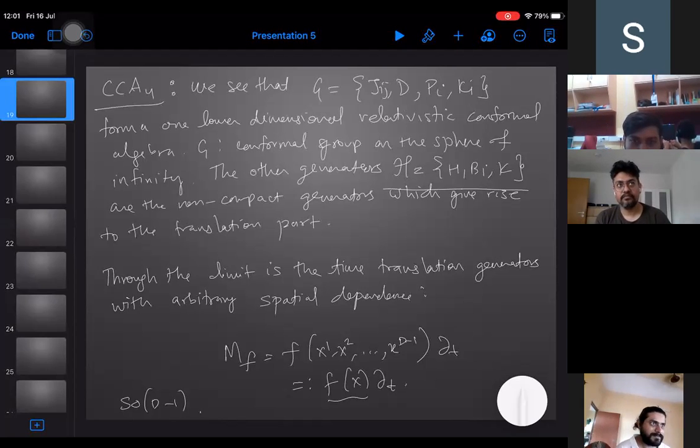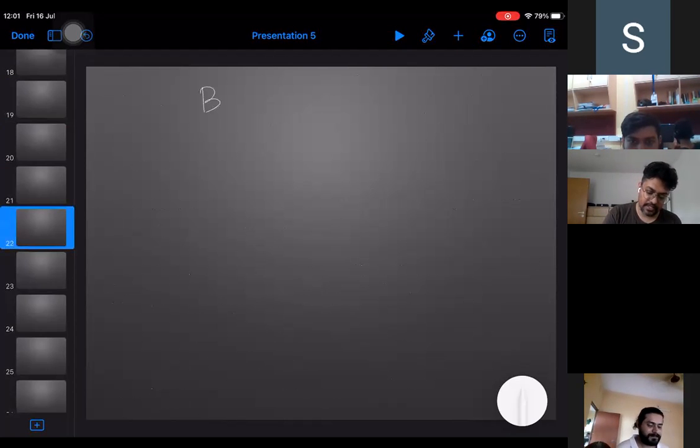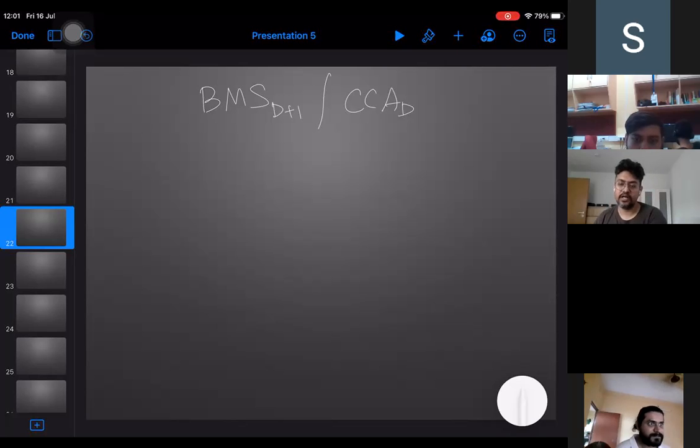So in that case, what is the space-time dimensionality of the bulk space-time? Your BMS, whatever you have, is always in one higher dimension, right? So whatever you do, you have to consider one higher dimension on the bulk side. So CCA4 is the BMS symmetry of 5-dimensional asymptotically flat space. Yeah. Okay, thank you.